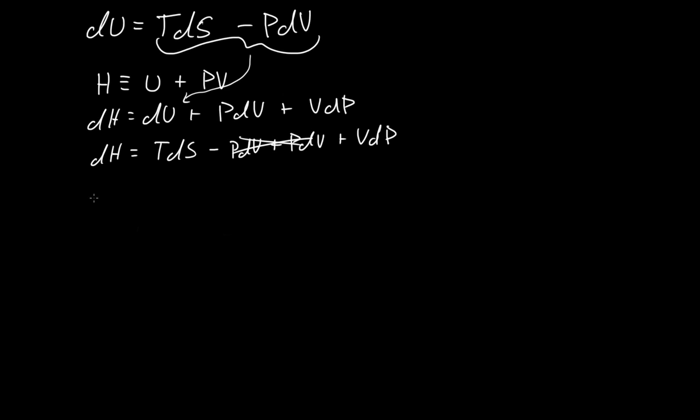So dH is equal to T dS, the temperature times the infinitesimally small change in entropy, plus the volume times the infinitesimally small change in pressure, dP. So then we have that.